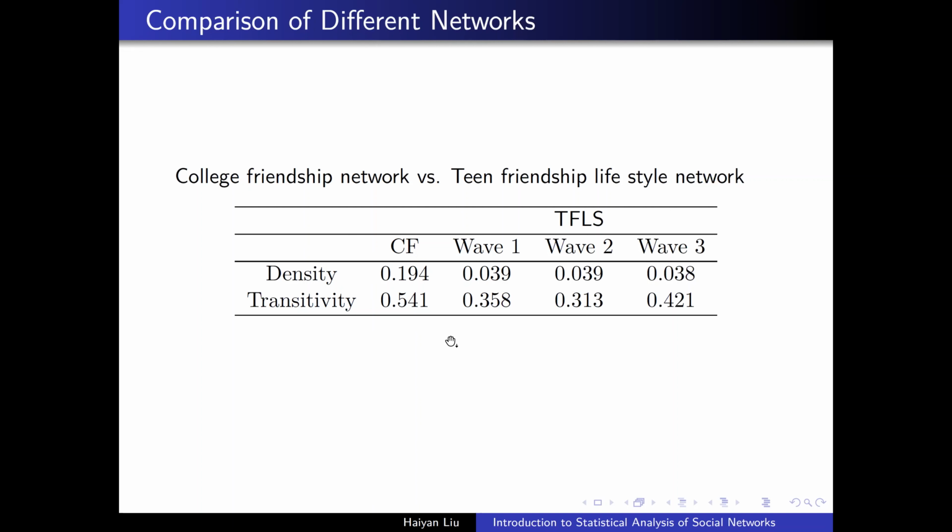Regarding the transitivity, the college friendship network has a transitivity larger than 50%, and the team friendship network is around 30 to 40%. So different networks have different density and also show different transitivity. It really depends on the nature of the network.